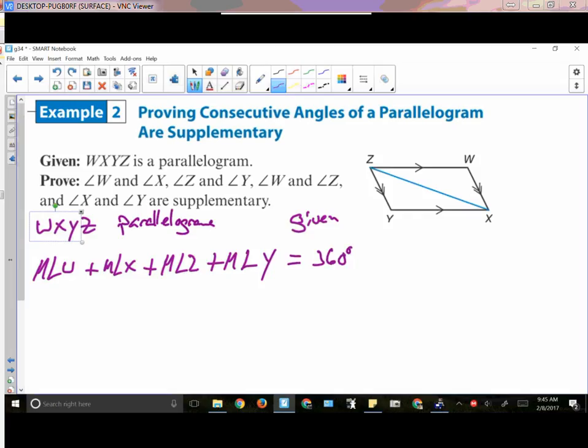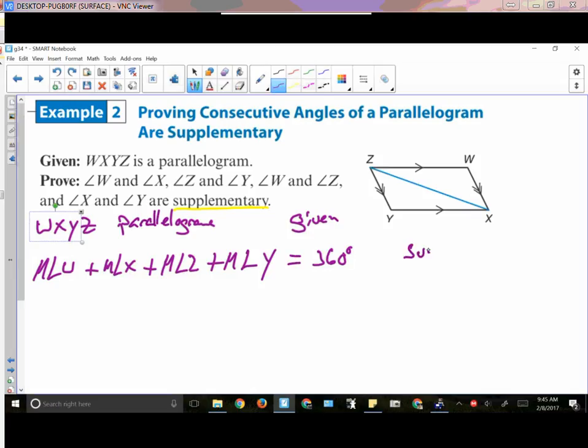Now, how in blazes did I know that I had to go to a degree measure? Angles, yes, that's great. Supplementary. Angle addition? Oh, for this thing here?